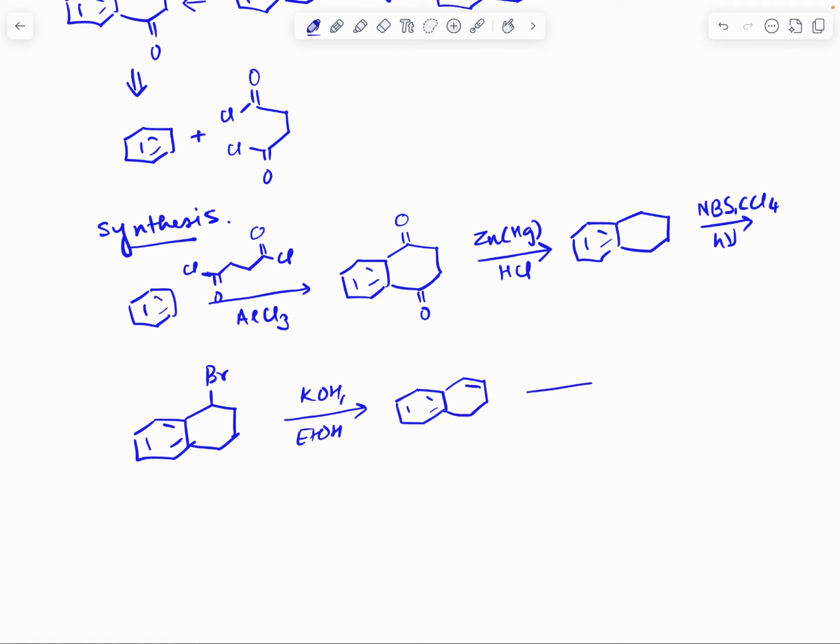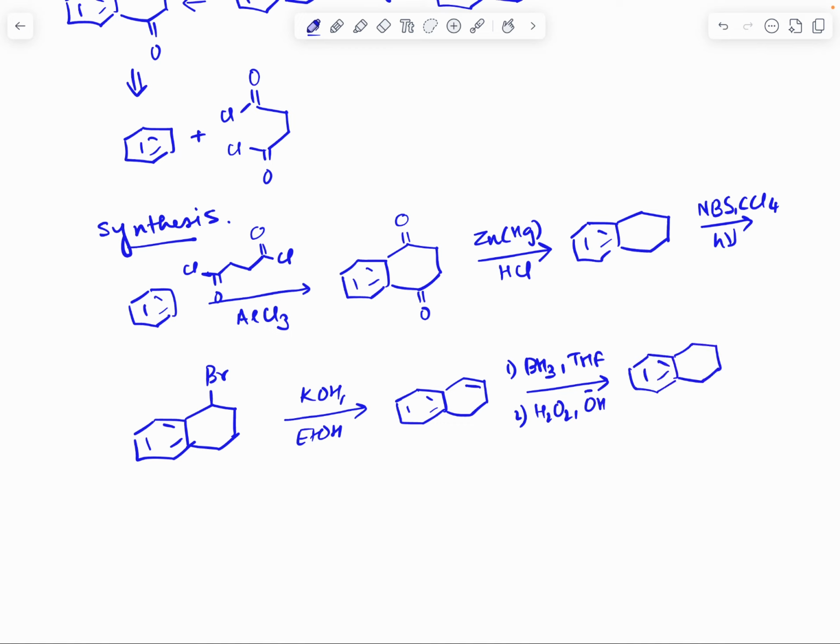There you go. And now I want to add an OH at this position. So for that, I'm going to take BH3. So I'm going to do a hydroboration essentially. BH3·THF, follow that up with H2O2 and OH minus.